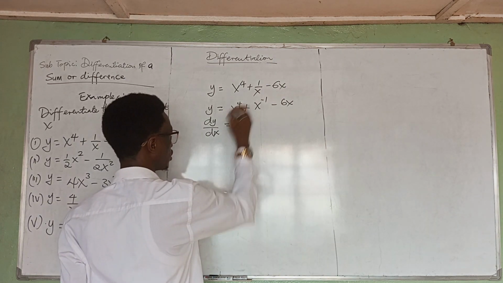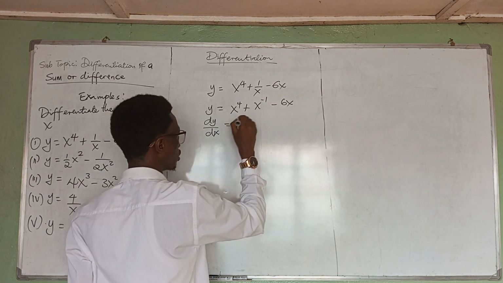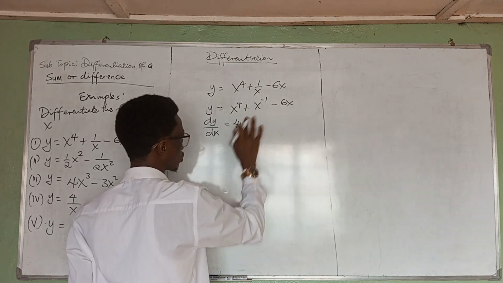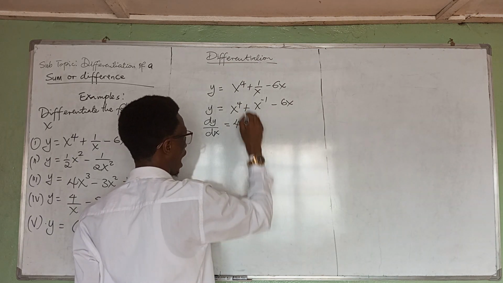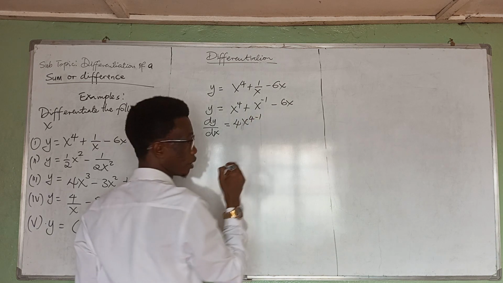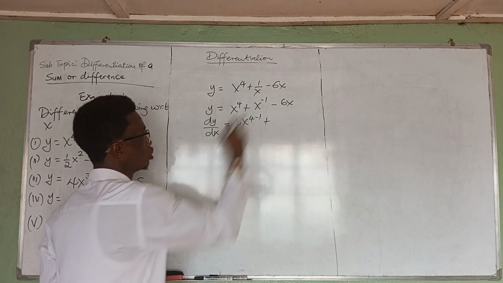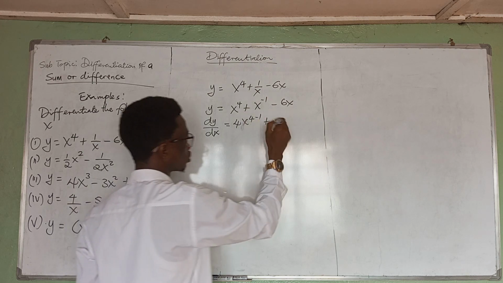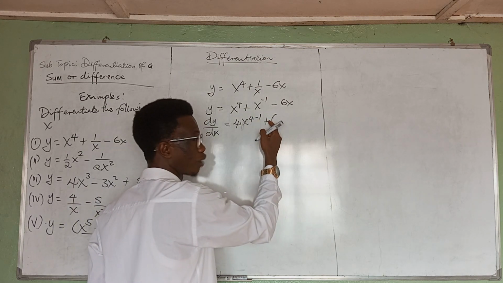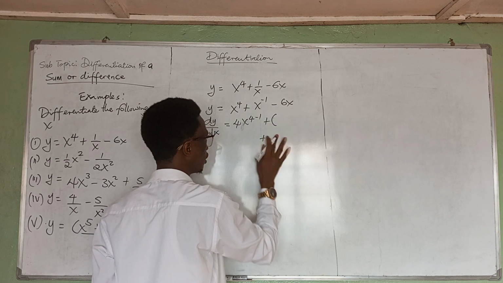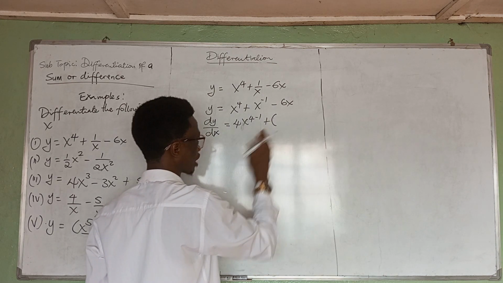So the coefficient of this is 1, so it becomes 4 multiplied by 1, and you don't need to write 1x again. So 4x here, and you take 4 minus 1. The next thing again, plus. Now we multiply minus 1 times this. Because I need to have minus 1, I don't want to write plus minus 1, so I give a bracket because I have to multiply.